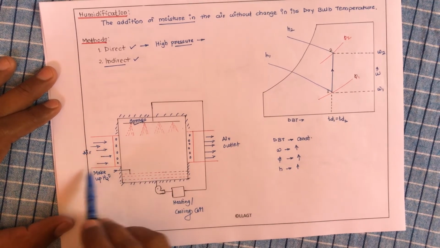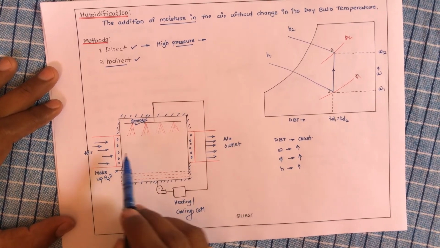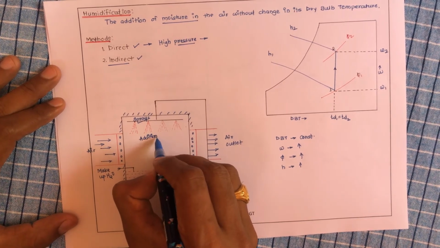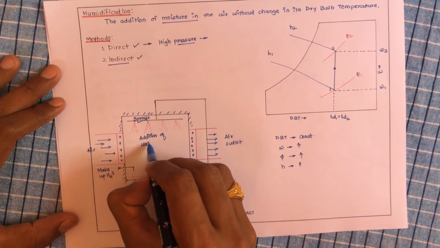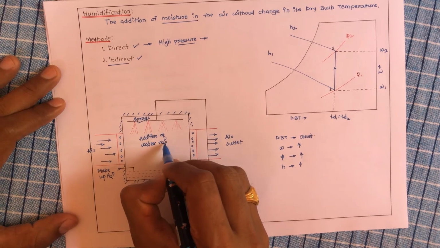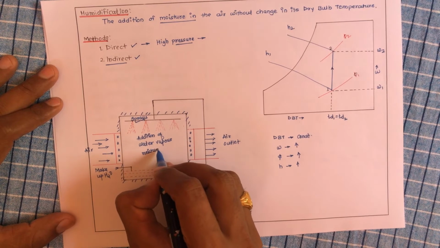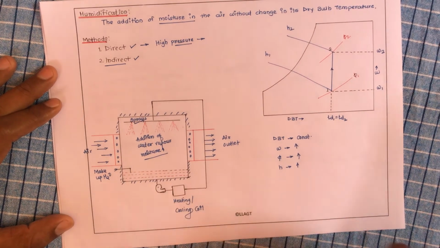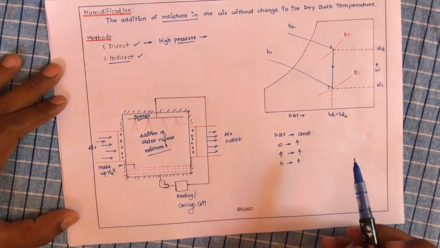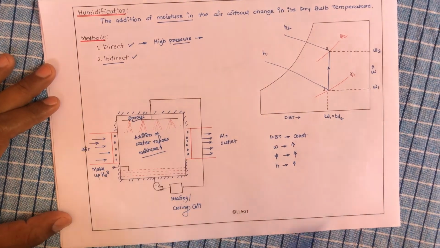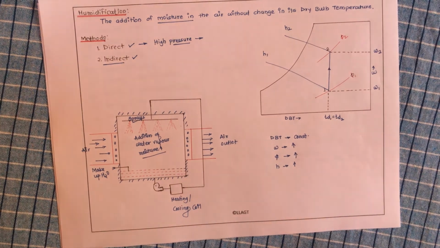Over that, this air stream flows, and as a result easily I can have the addition of water vapors, and there will be an increased quantity of moisture inside that air. You might have understood both the methods of humidification. The first one is the direct method and the second one is the indirect method.